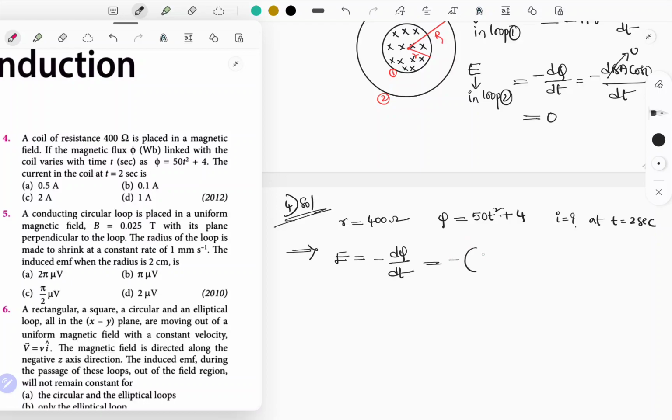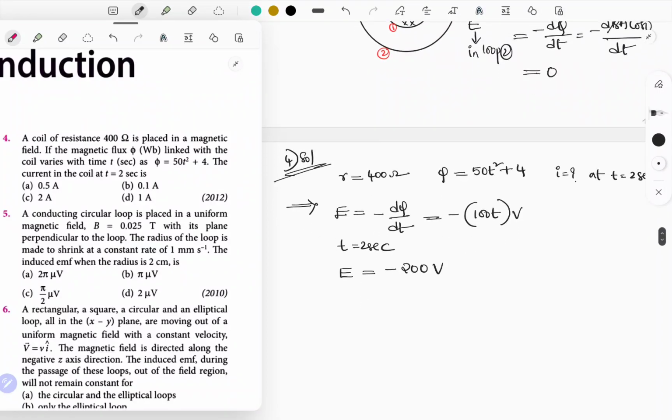We are going to get minus 100 t alone, because 4 is constant. Differentiation of 4 is going to be 0. At what value of time do we need this? At t is equal to 2 seconds. So substituting, the induced EMF at t is equal to 2 seconds is minus 200 volt.